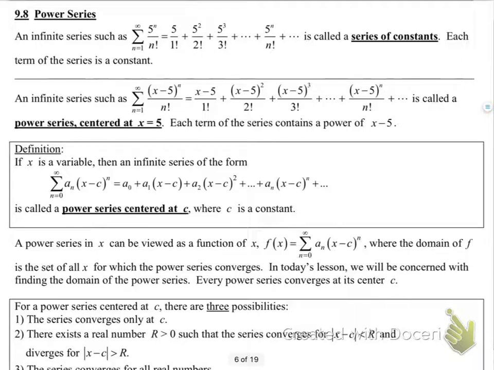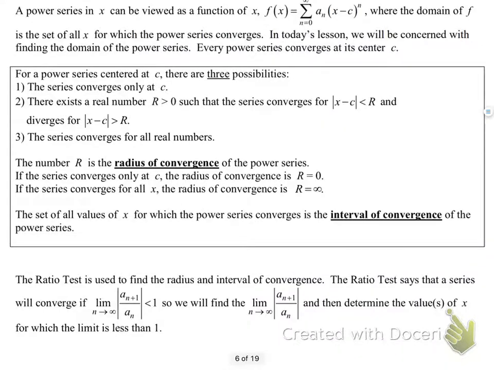Every single power series converges at its center C, and power series have a certain sort of radius. So for power series centered at C, there are 3 possibilities. The power series only converges at its center. It converges within a certain radius, but diverges outside of that radius.